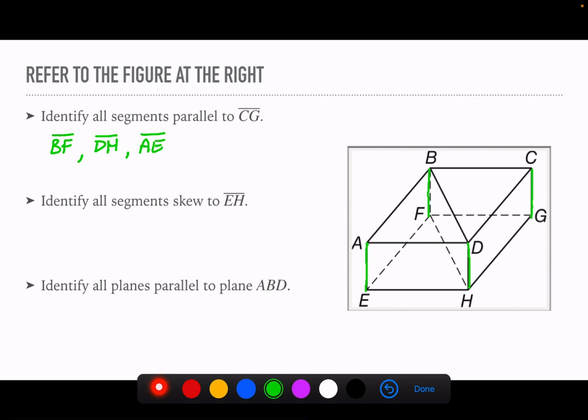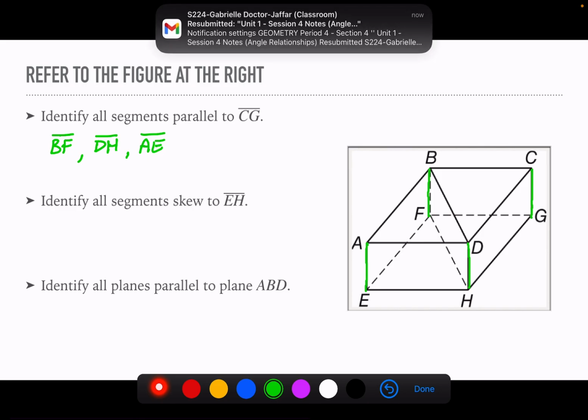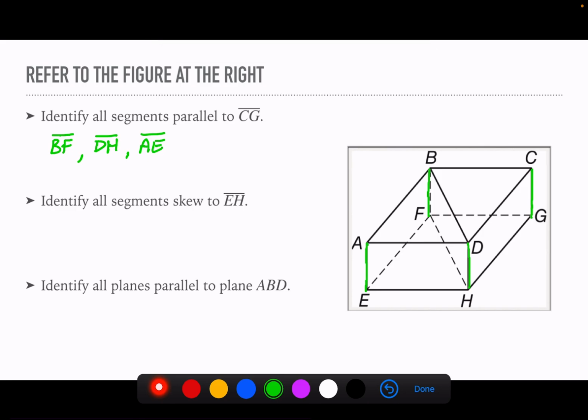Now we want to identify all segments which are skew to EH. Let's take a look at EH. Now, understand that skew has to be on a different plane, but also cannot be parallel. If it is parallel, then it technically is on the same plane.